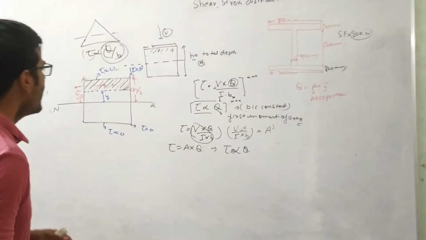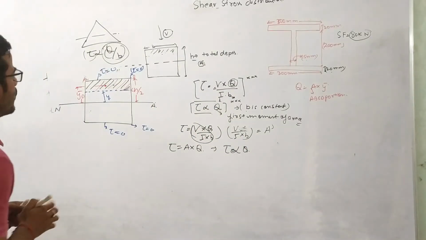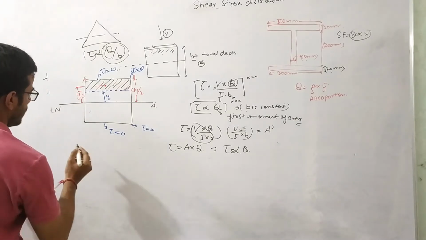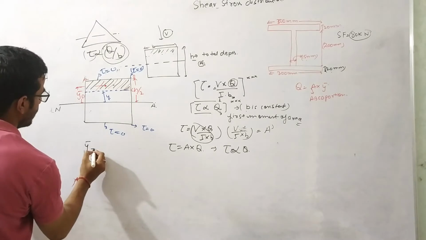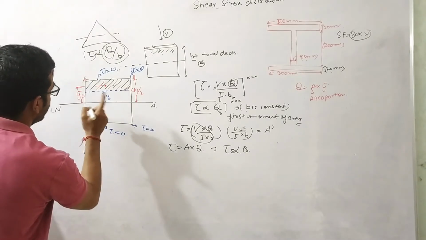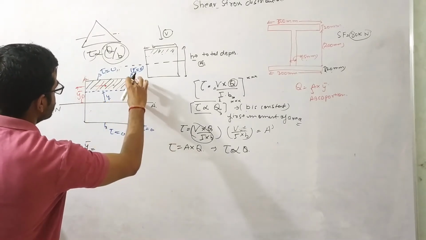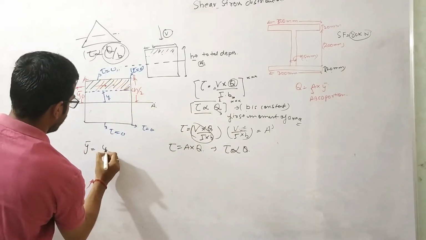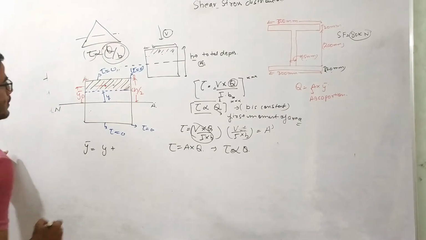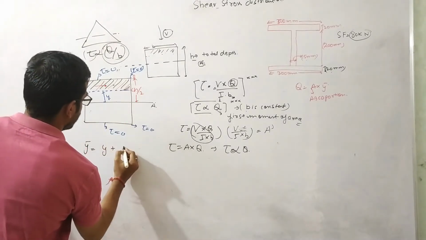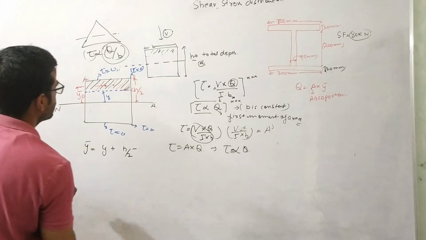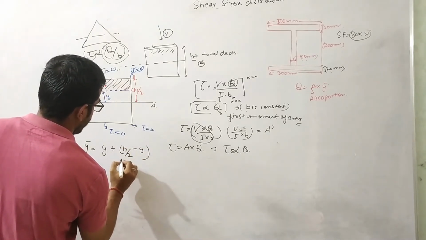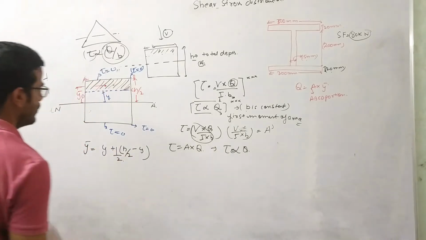Now I'll calculate what my y bar will be. The centroid of this area will be y plus (h by 2 minus y) divided by 2.